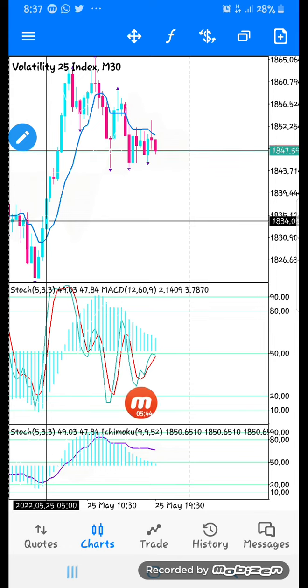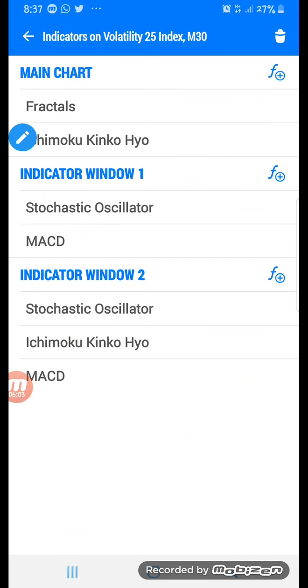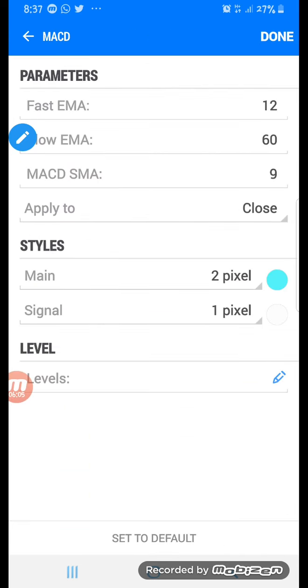You understand? And then the MACD below, I set it at 30, and the upper one is at 60.